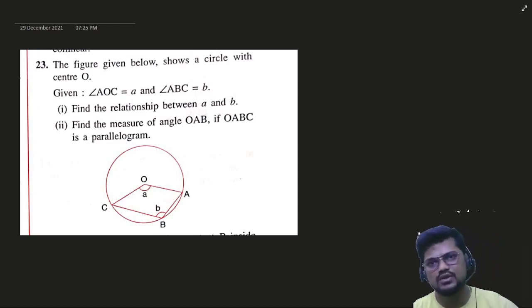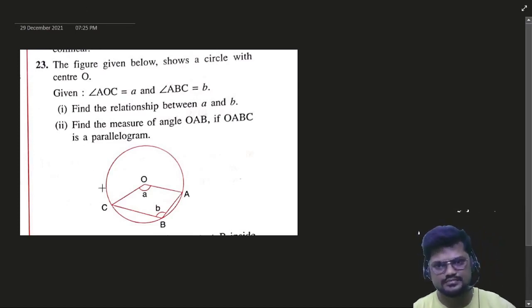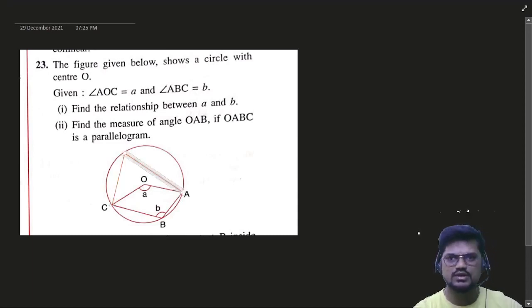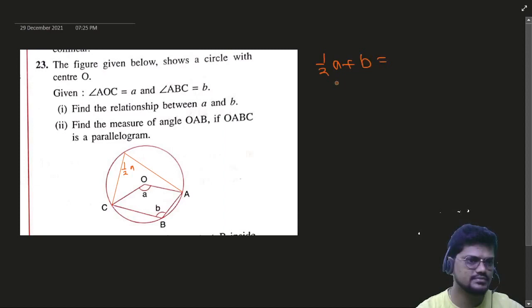See, if I draw a line over here, this angle will be half A. What I get? Half A plus B will be equal to how much? 180 degree. So if I take 2 in the LCM, A plus 2B equals 180 degree.